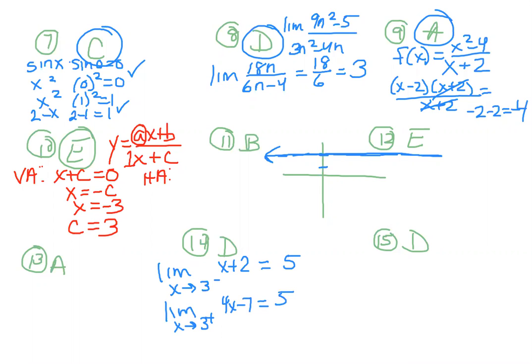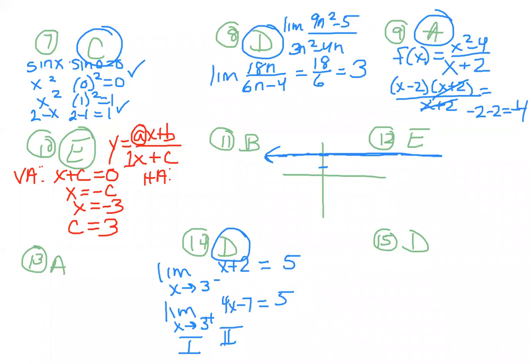So yes, 1 is true. F of x is continuous at x equals 3. Yes, it's continuous because they are the same. So 2 is correct. And is it differentiable? Well, let's take the derivative. The derivative of x plus 2 is 1. The derivative of 4x minus 7 is 4. So no, it is not differentiable, so it is D, just 1 and 2.